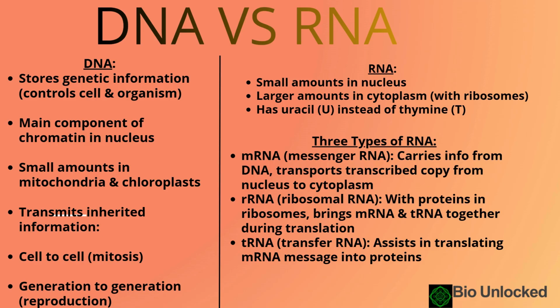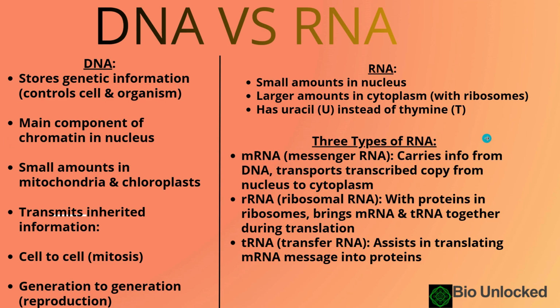However, RNA is a nucleic acid in small amounts in the nucleus and larger amounts in the cytoplasm, usually associated with ribosomes. RNA has the base uracil instead of thymine. It has the same A, C, and G, but instead of thymine, it has uracil. There are 3 types of RNA: messenger RNA, or mRNA.